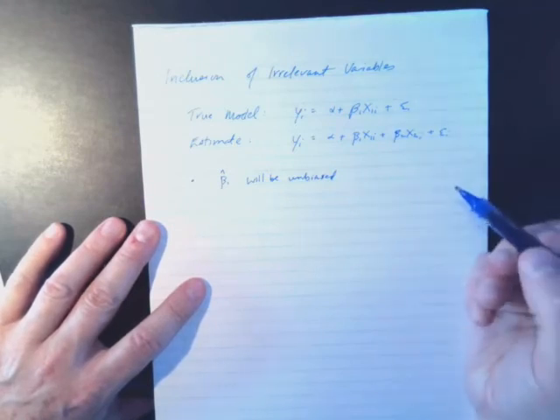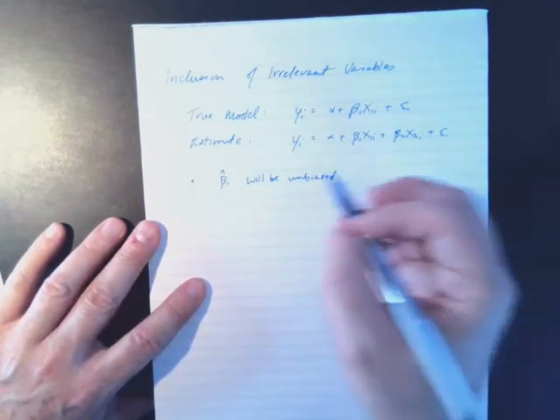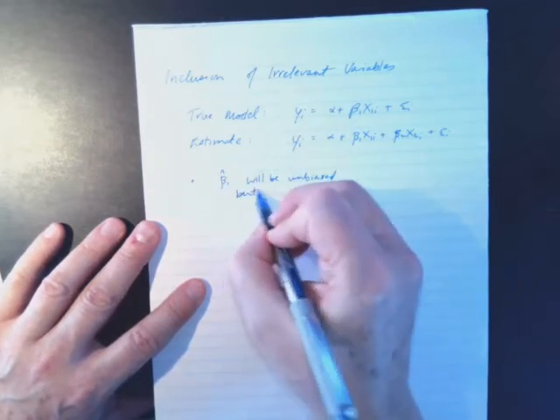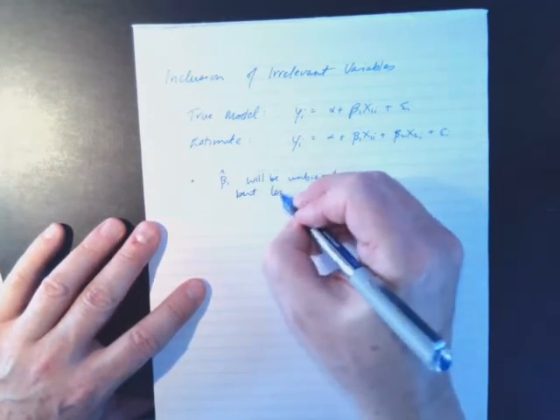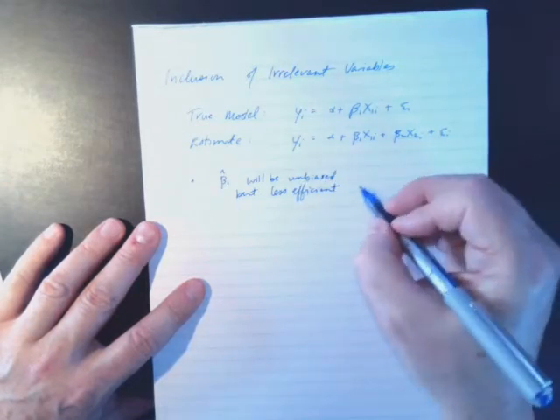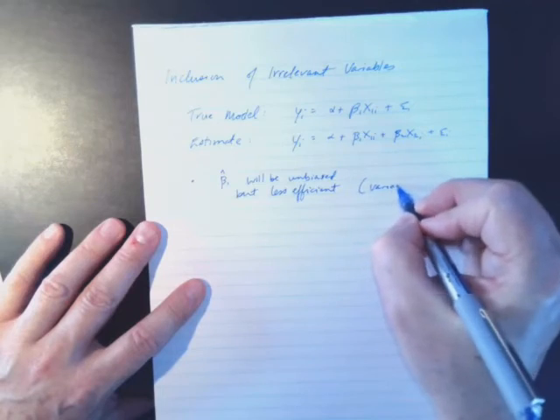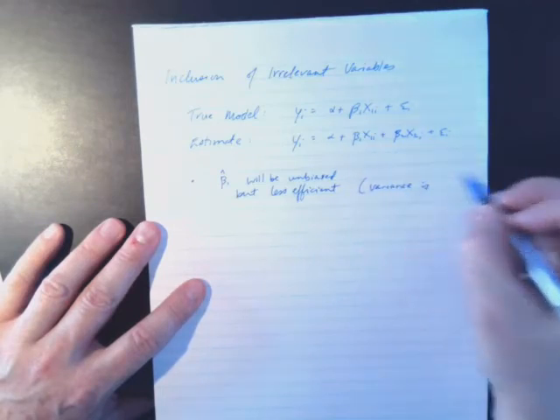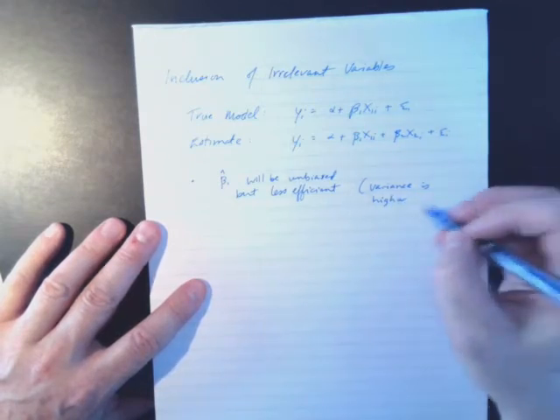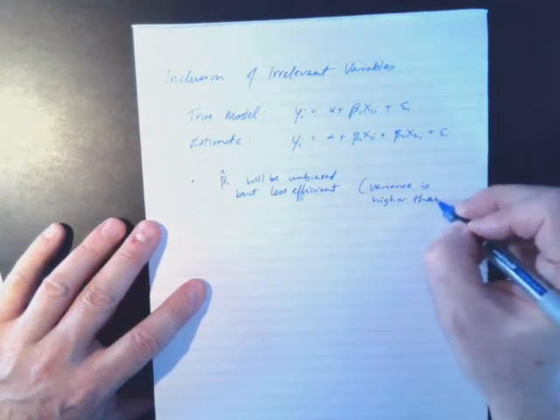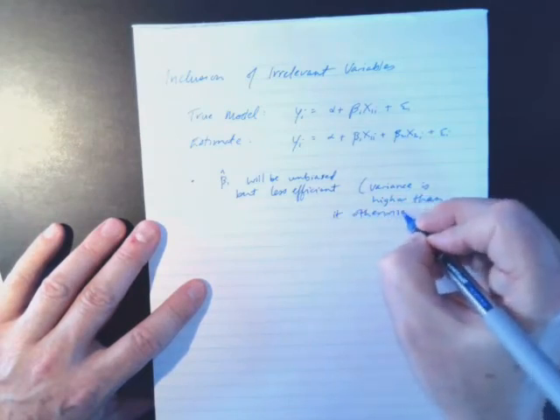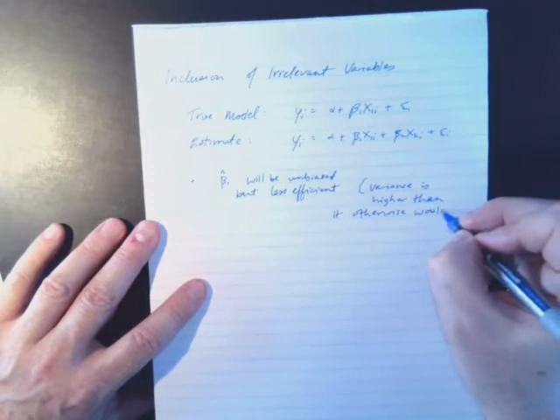But we lose an extra degree of freedom. So it's a little less efficient, which means the variance is higher than it otherwise would be.